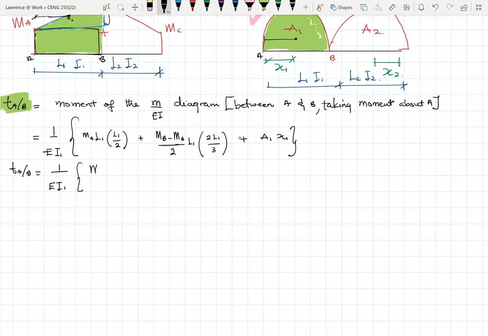I'll get M sub A, L sub 1 squared over 2 plus, if I expand this, M sub B, L1 squared over 3. Am I correct? I think so.